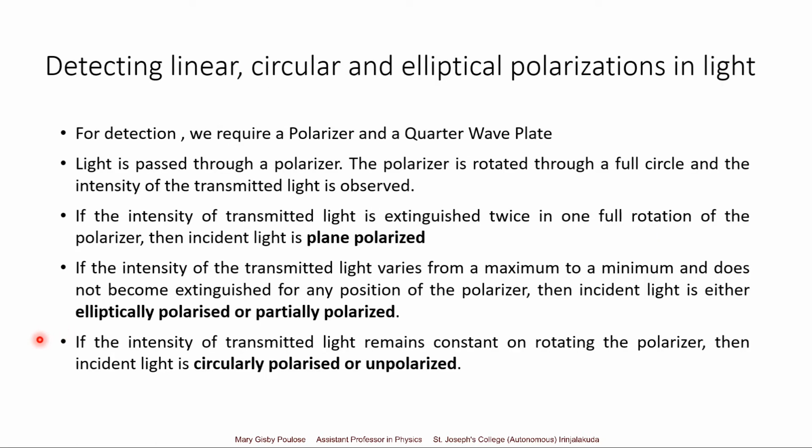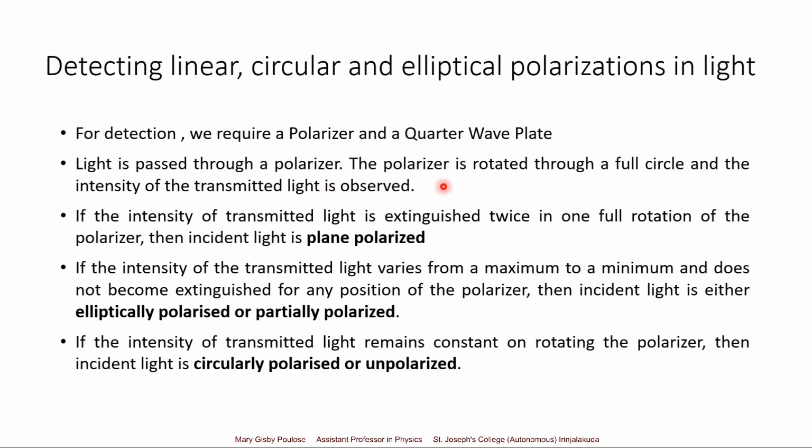Now, if we have an unknown source of polarization, how do we detect or define its polarization? For that, let us learn it. To detect linearly, circularly or elliptically polarized light, we need a polarizer and a quarter wave plate. Light is first passed through the polarizer.